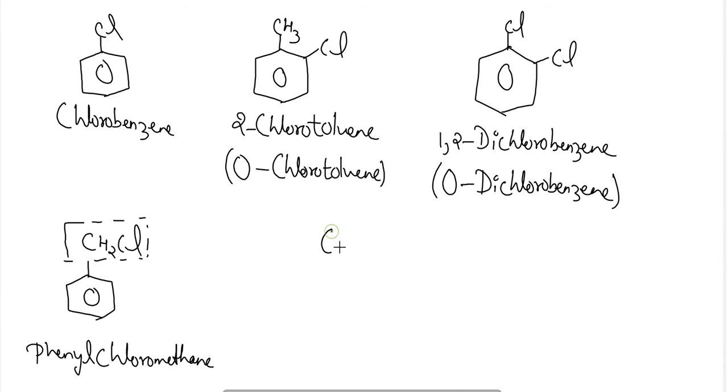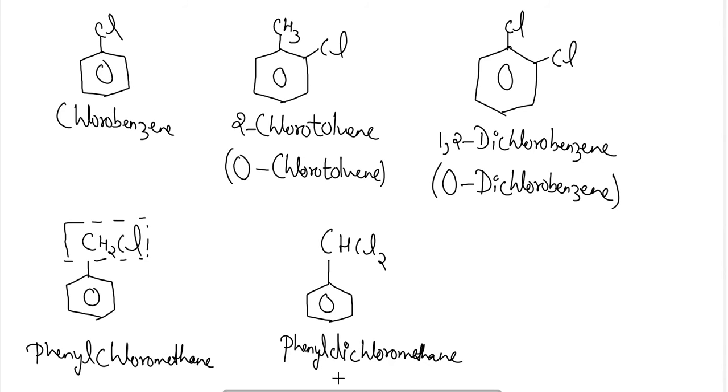Okay. Similarly, CHCl2. Here also the phenyl group will be termed as the substituent, side chain here, and the name of this compound will become phenyl dichloromethane, or also we can call it benzal chloride.